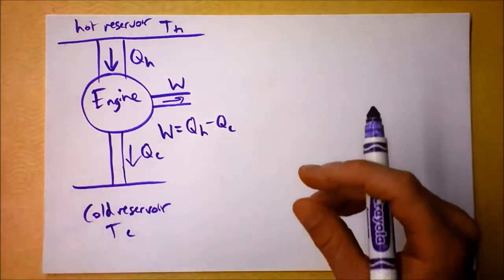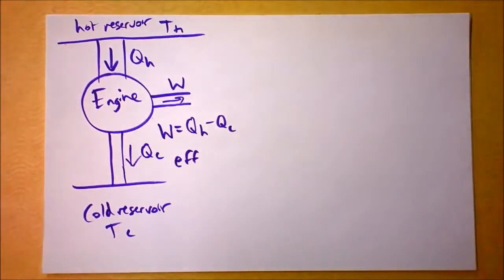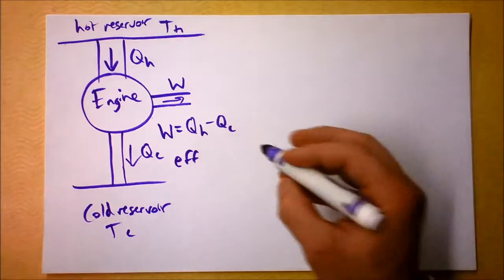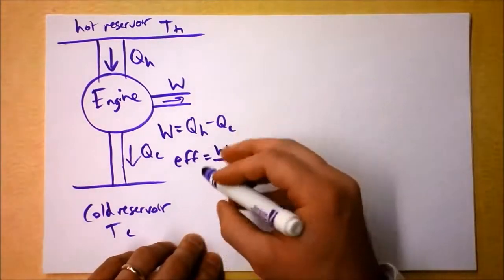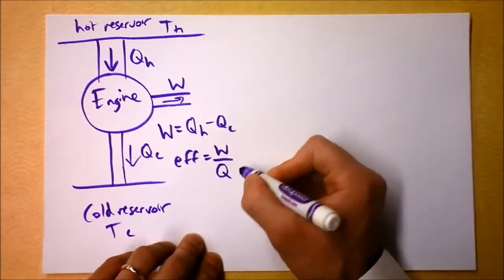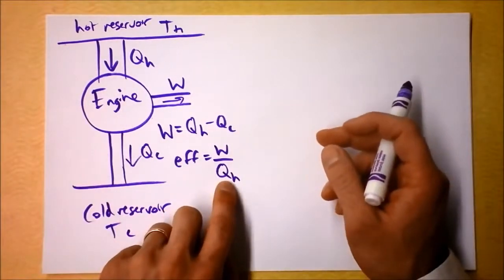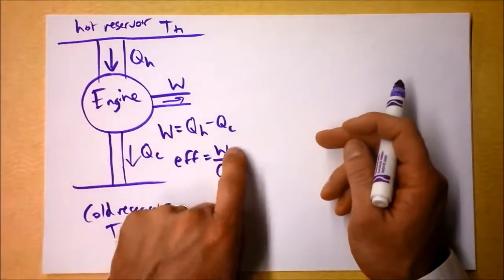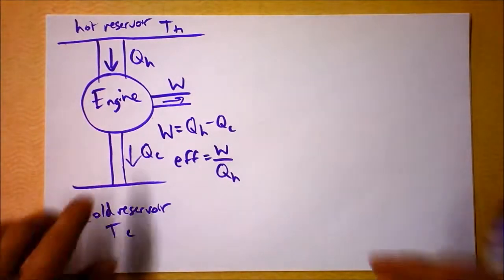And we had an equation for efficiency also. What did we say for the efficiency of this thing? Efficiency is defined as work out over work in, because if you work out, you win. And the work that we have to put in is the heat from the hot reservoir, and the work that we get out is this actual usable heat.